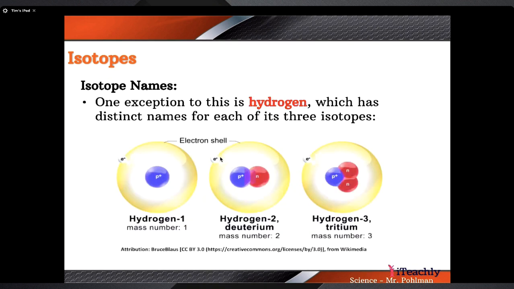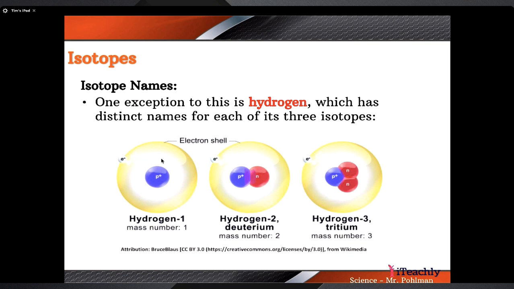Okay? Now, we had one exception to this, which is hydrogen. I had mentioned that tritium is going to be that unstable isotope of it.